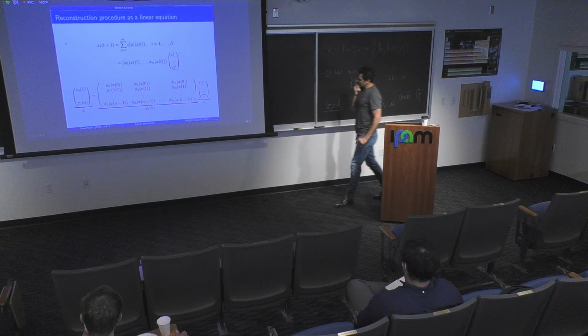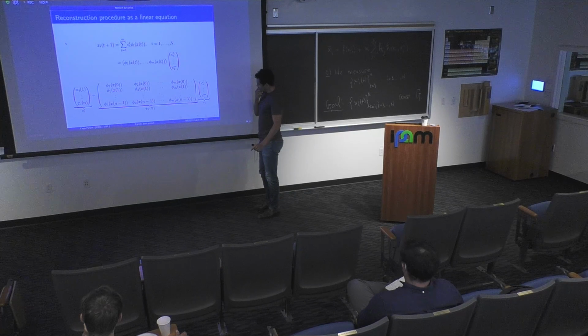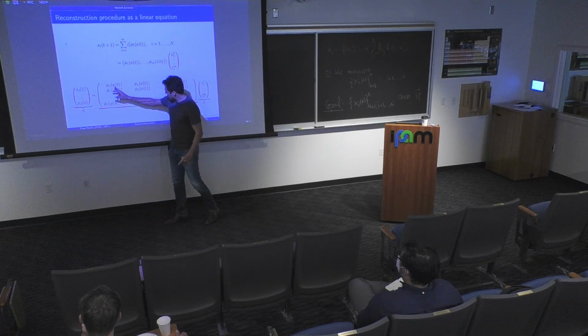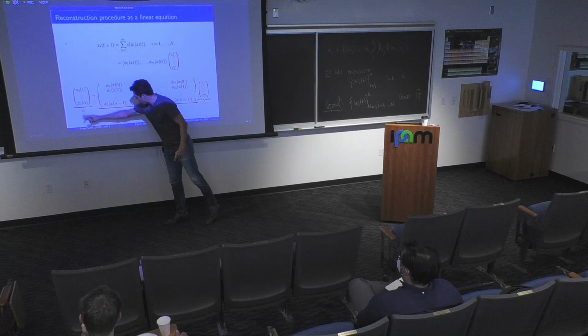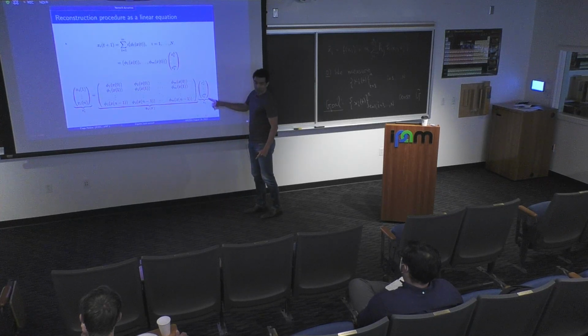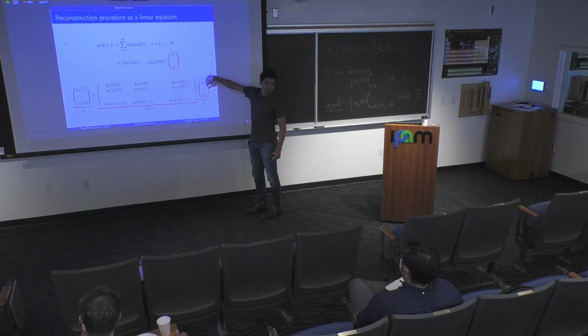So the problem here is the following. This equation is true for all times by construction. But usually we measure x, so we know x prime. You can compute these guys, but you don't know c. So you have to invert this problem and try to compute c.